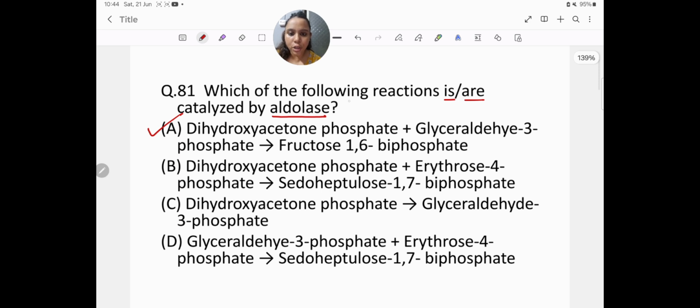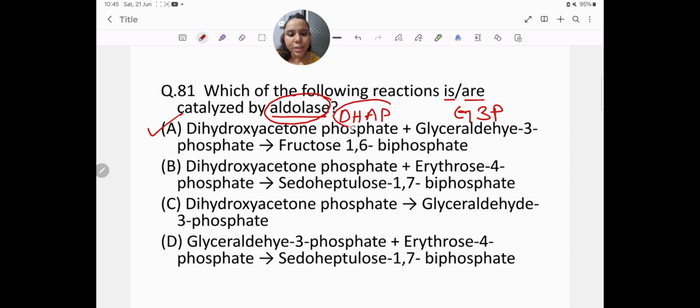Dihydroxyacetone phosphate has a ketone group. DHAP, dihydroxyacetone phosphate, and glyceraldehyde 3-phosphate, that is G3P, glyceraldehyde 3-phosphate, right? So we have seen in glycolysis that fructose 1,6-bisphosphate in the presence of the enzyme aldolase is split into two 3-carbon compounds.